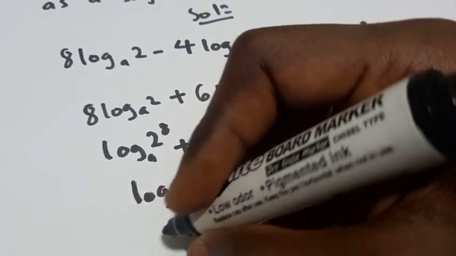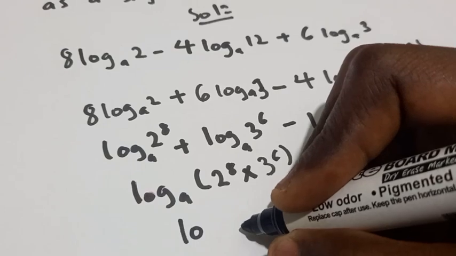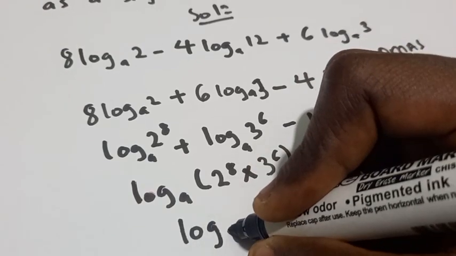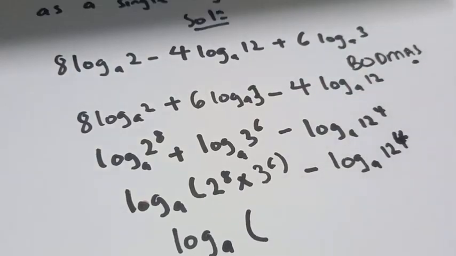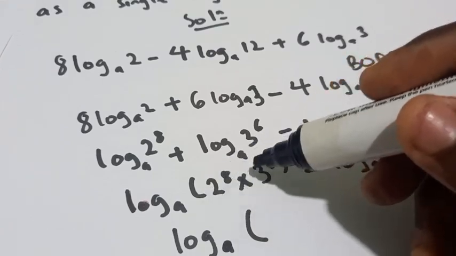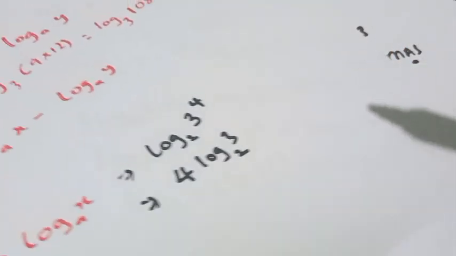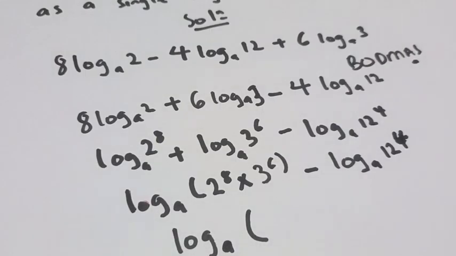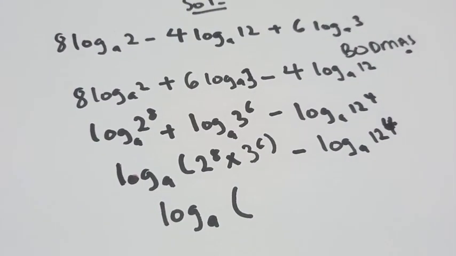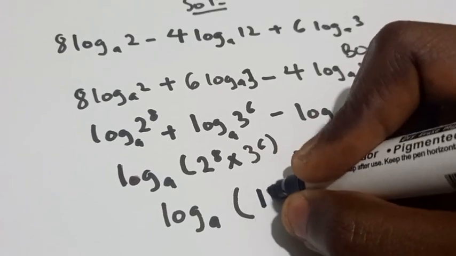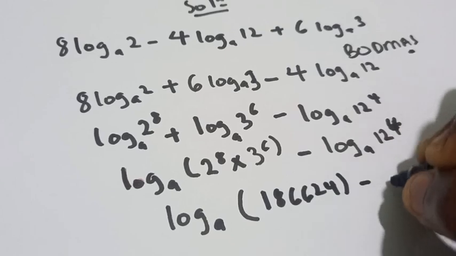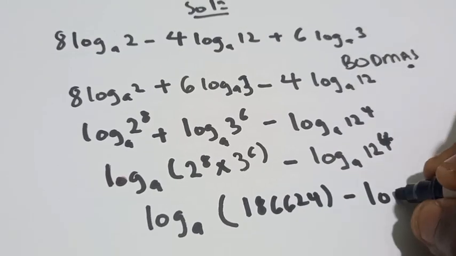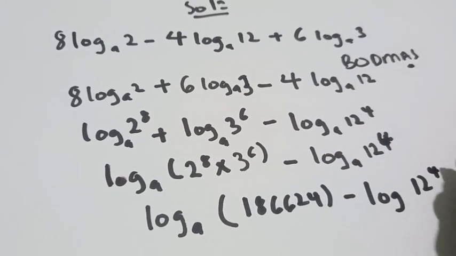It's exponent. So we have log base a of all this, minus. Here 2 exponent 8 times 3 exponent 6 is considered to be x. And we have this to be 186,624 minus log of 12 exponent 4.